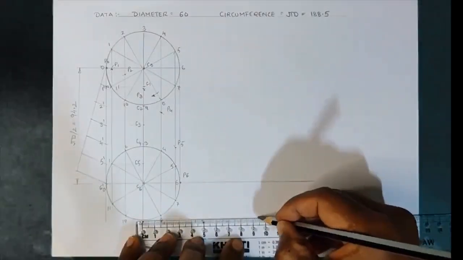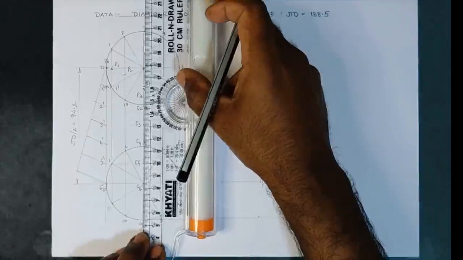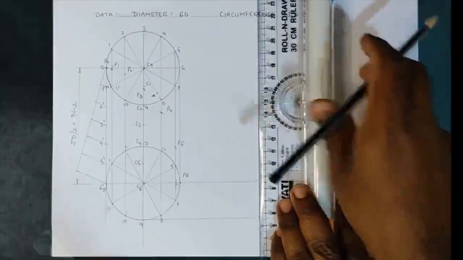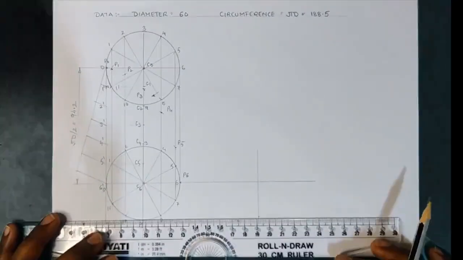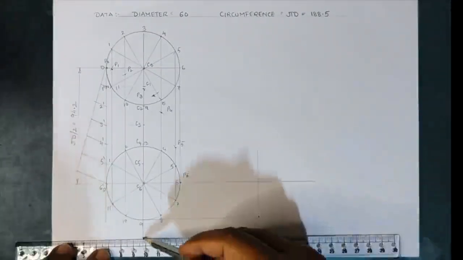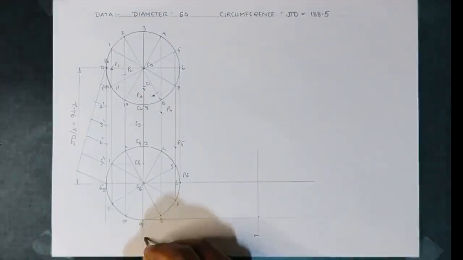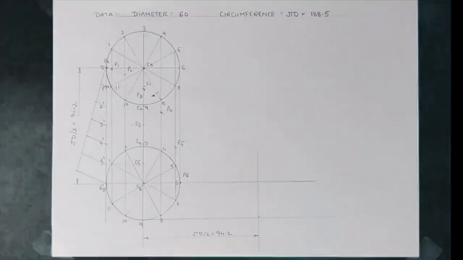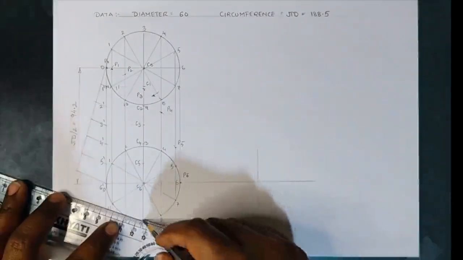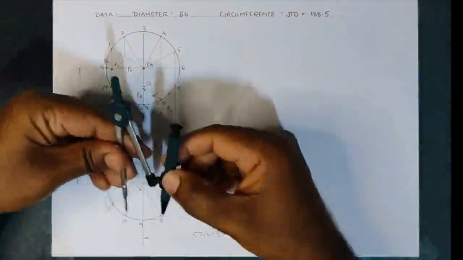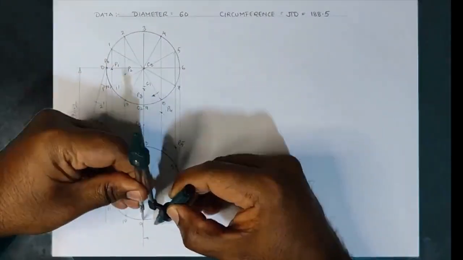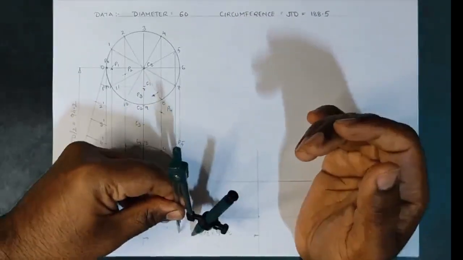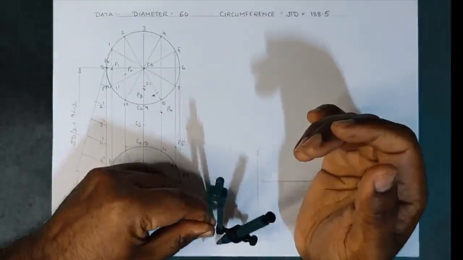Now through the base, I take a distance of half the circumference and draw a vertical. This is the end point or the last point up to which this circle would roll, that is half the circumference, 94.2 mm. Now I need to divide this horizontal distance into 6 equal parts. So I again use the acute angle construction and make 6 divisions.